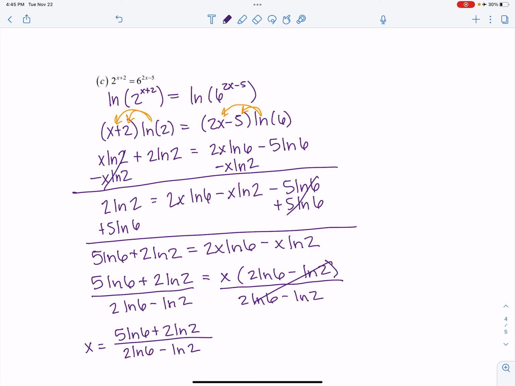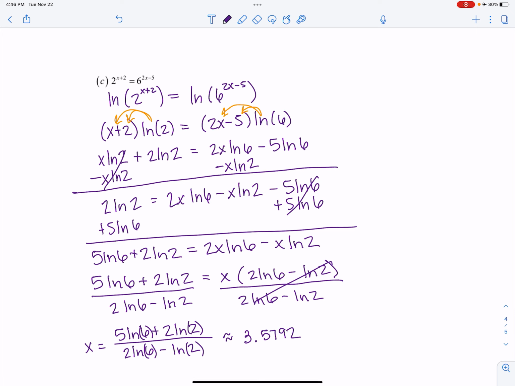And that we can throw in our calculator. Each of these numbers is inside of our natural log. In case you were getting confused, I apologize. But if we throw that through a calculator, it should approximately be 3.5792.